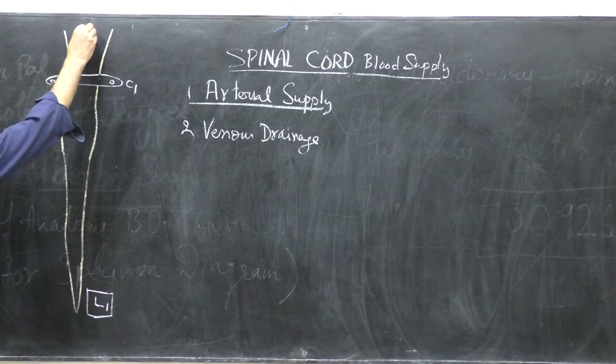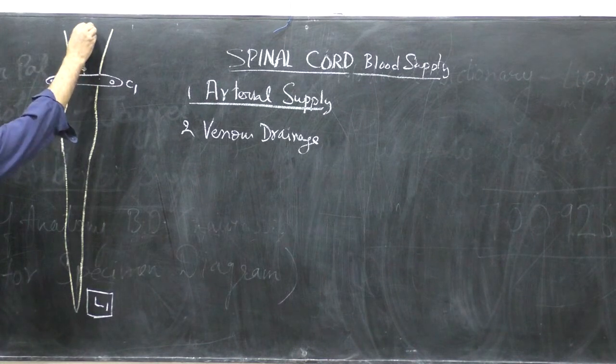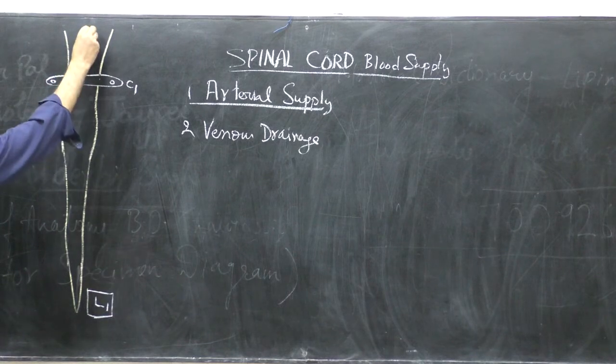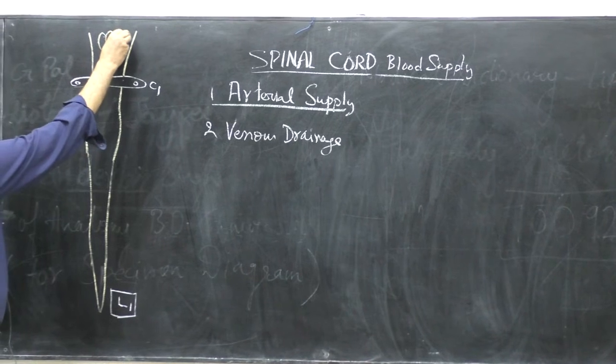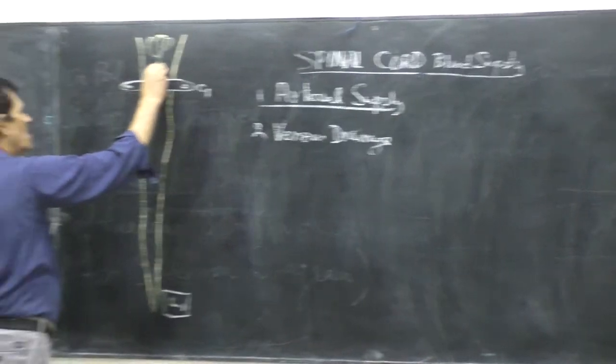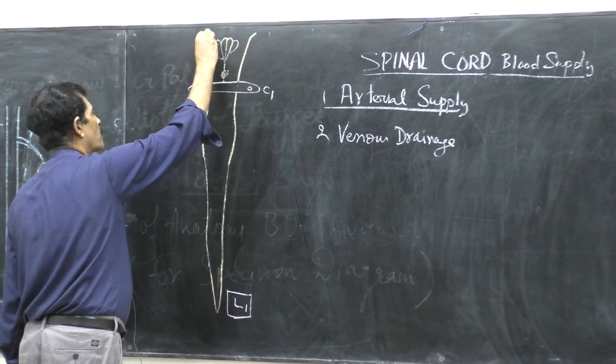And this is the medulla, the anterior surface with the pyramids and the olives. This is the pyramidal decussation. And this is the inferior cerebellar peduncle, lateralmost part.